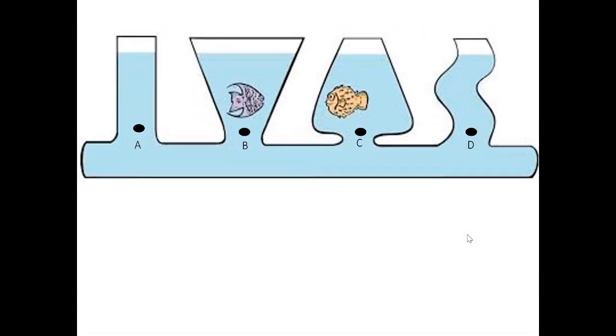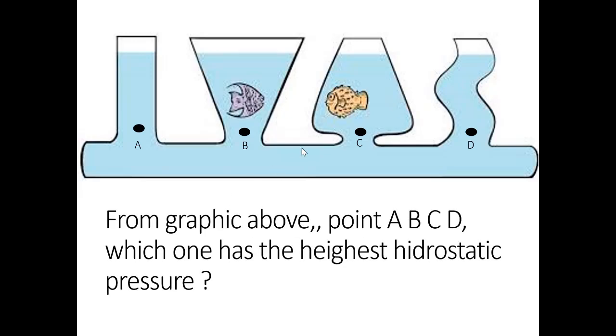I have four different tubes here, A, B, C, D, at the same height from below and from above as well. The question is, between point A, B, C, D, which one has the highest hydrostatic pressure? Remember, the hydrostatic pressure depends on rho gh.